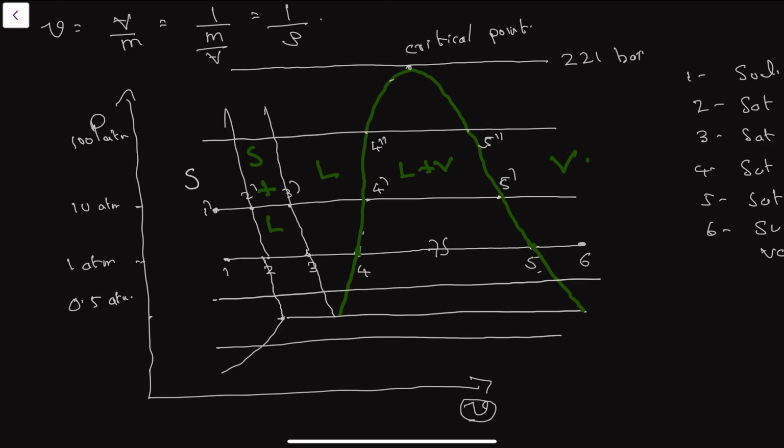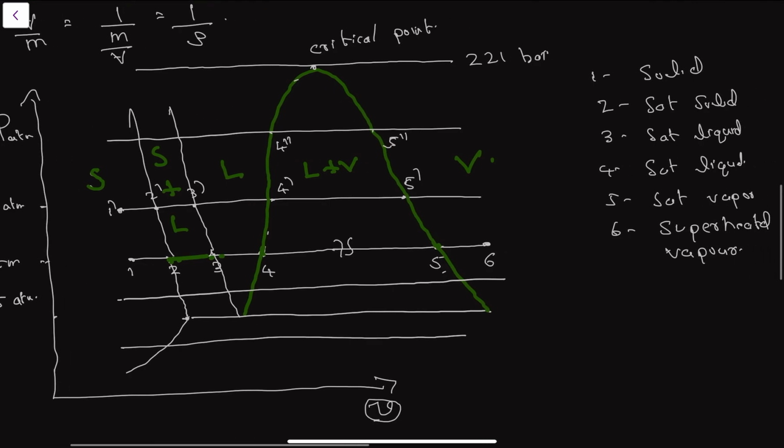So this is how you separate the different phases, because we have already seen that from 1 to 2 it is solid, 2 to 3 is the phase change process, and 3 to 4 is from saturated liquid to saturated liquid, so this is the sensible heating process.